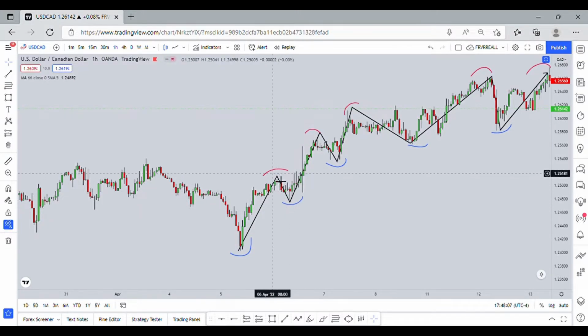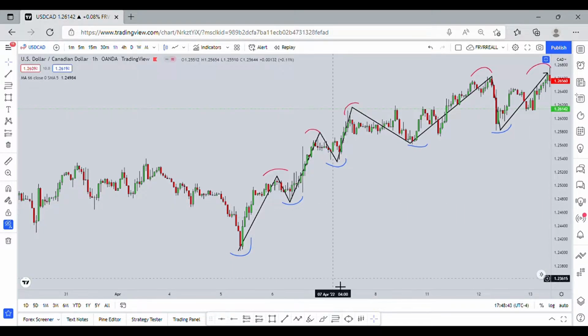And then when it does have a retracement, it makes a higher low. The previous low is here, and then this is a higher low. So it's higher than the previous low, right? And then after the retracement, it makes the impulsive move and makes a higher high. The higher high simply means that price is higher than the previous high, which is this.